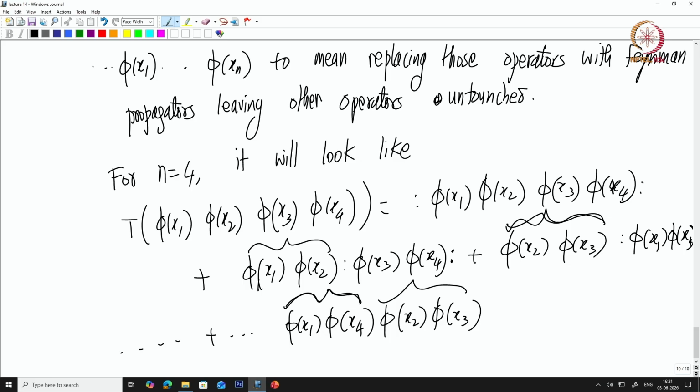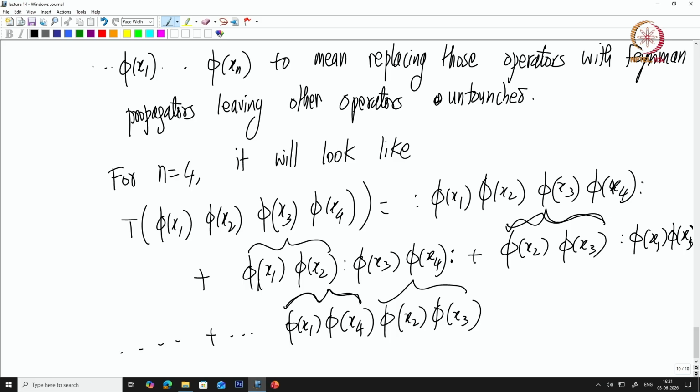This is well known, and there is a proof for this, so you can actually do the proof. Now we can use this Wick's theorem to get the expressions for the scattering cross sections, and then we will go to a more formal process.